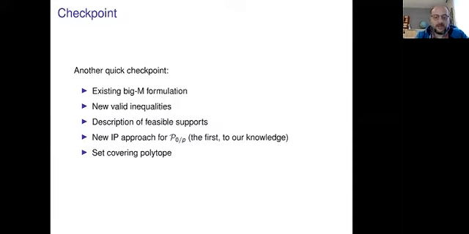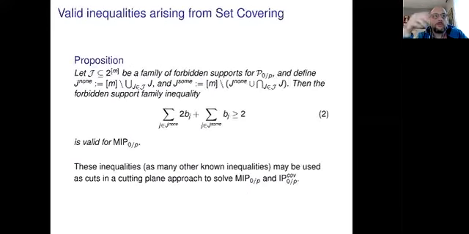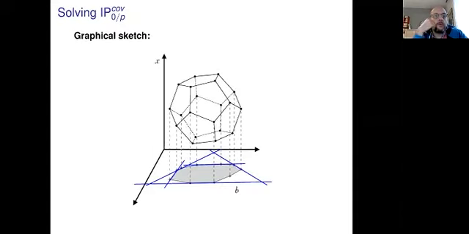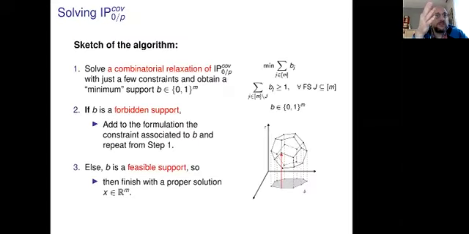I have a question, but I can wait. Perhaps I missed something, but what is the complexity of your algorithm to find a minimum forbidden set B? Here, this one. How many iterations? So the complexity of each step is here. We need to solve an IP.